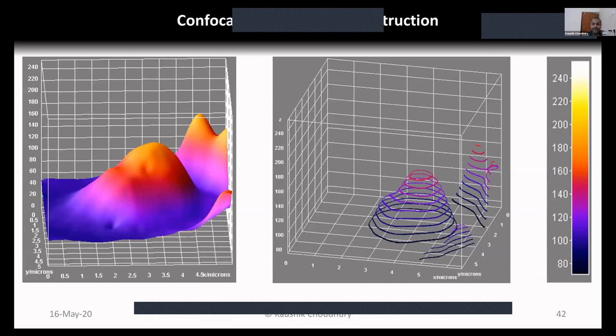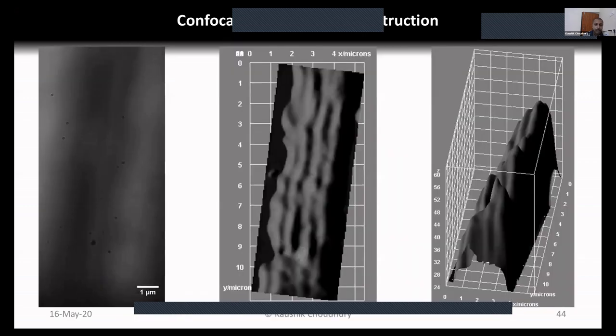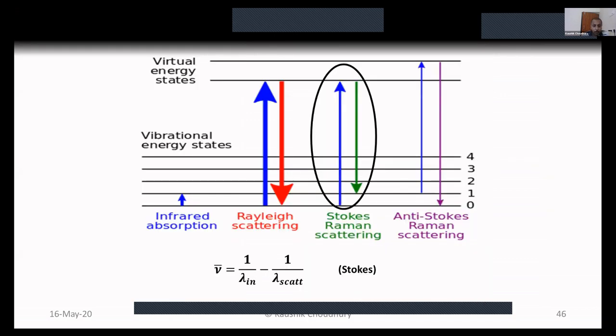Now, a similar thing can be done for maybe asymmetric objects, and again the topological variations can be observed. And when this is integrated with something as powerful as Raman microscopy or laser induced breakdown spectroscopy, it can be of immense use, because apart from having a topological mapping, we can have an elemental or compositional mapping.